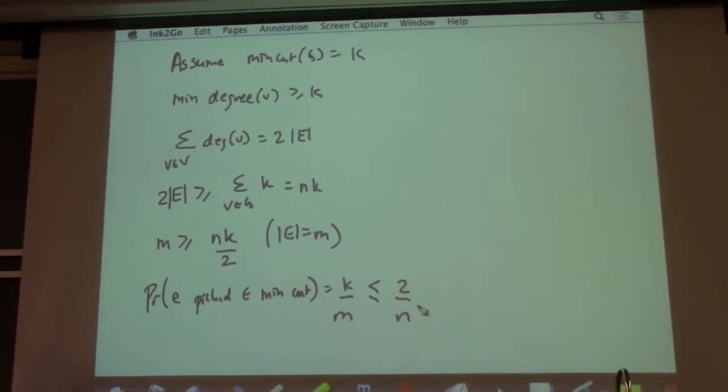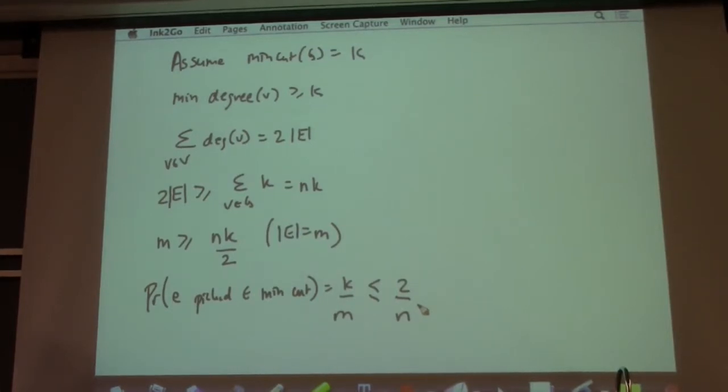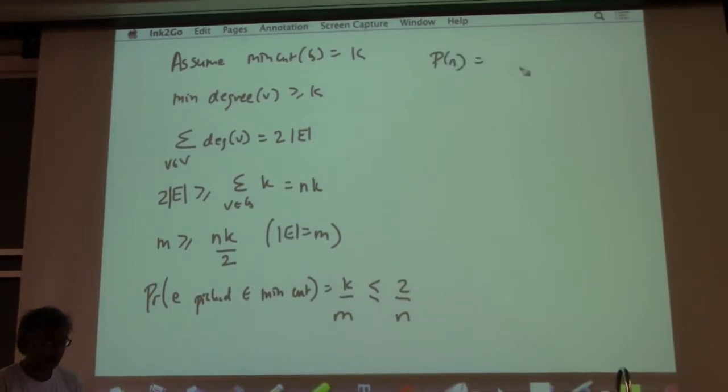Okay, we're going to say, what is the probability of never picking an edge of the min cut if I have an n-vertex graph? Let's call that P of n. So let's say that P of n is equal to the probability of never picking an edge of the min cut in an n-vertex graph.